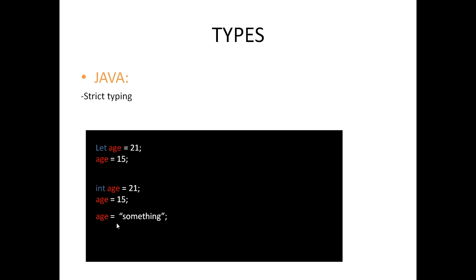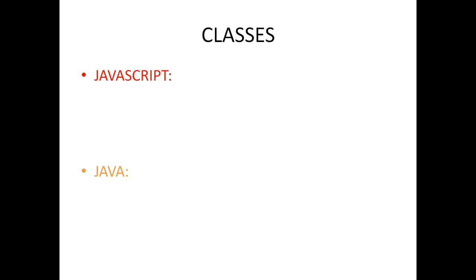And we cannot put a string in the age integer variable. This is wrong. But if we want to make a variable with a string, we can do this. We can make a variable and state it as a string and say that this variable is only going to be a string and then put in it something, a puppy, whatever we want, as long as it is a string.